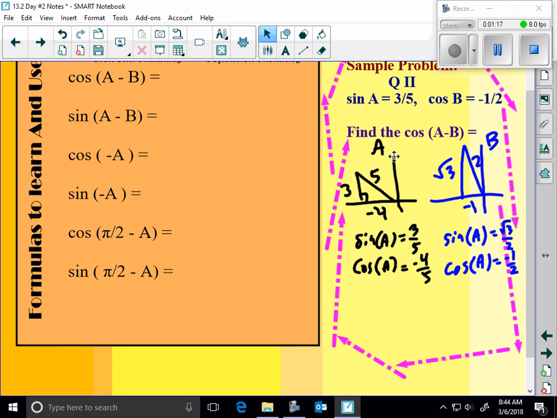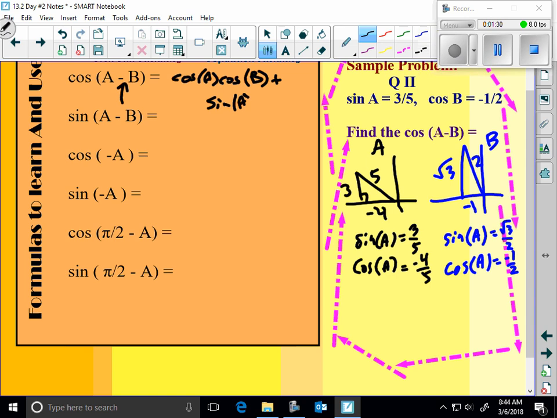So if I want cosine of A minus B, that's cosine A cosine B. This minus tells me plus sine A sine B. So I just take these values that I have. Cosine of A is -4/5. Cosine of B is -1/2. Plus sine A sine B, so that'd be 3/5 and the square root of 3/2.